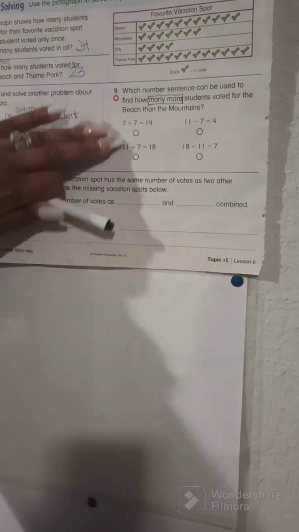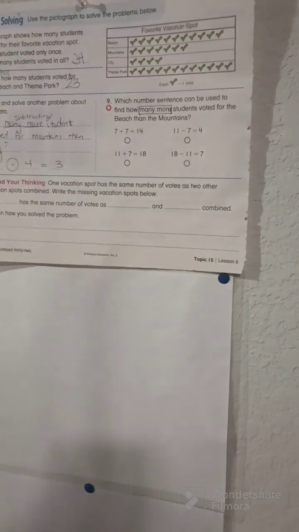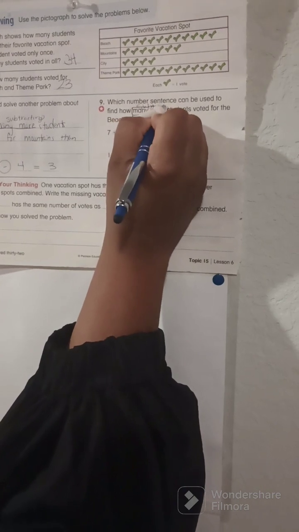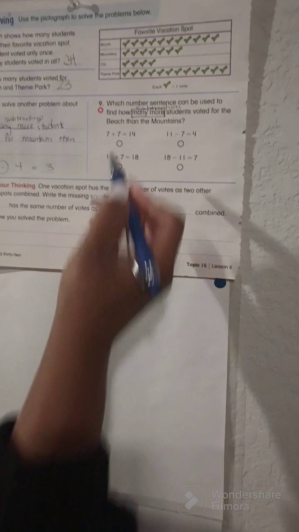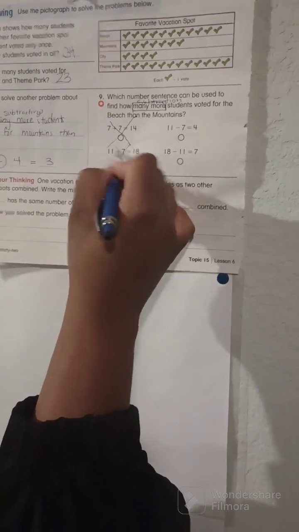And on this one, we actually don't have to do any solving, but we have to do some thinking when it comes to those keywords. So we already know many more means subtracting because I mentioned that to you before. So we can go ahead and eliminate the addition answers. Now we have these two left over.